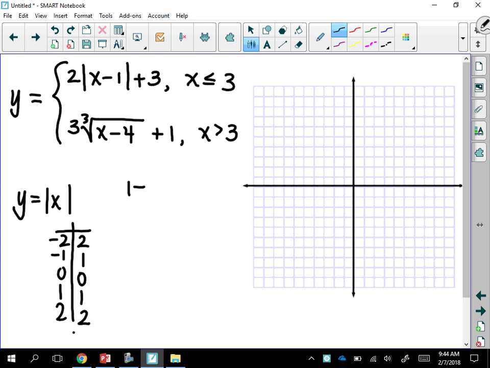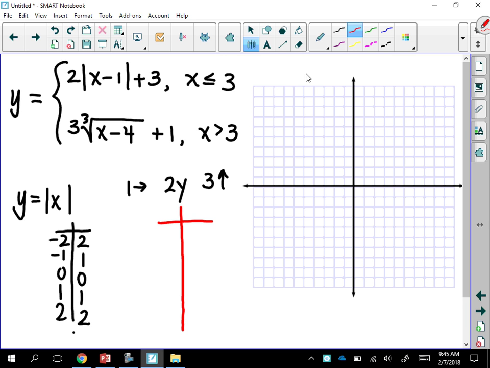Go one to the right, 2 times y, and 3 up. And again, in that order, right? Remember, order matters. You've got to go in the correct order. So I'm going to move 1 to the right first, because I start inside the function, and then I work my way out, 2 times the y coordinates, and then 3 up.